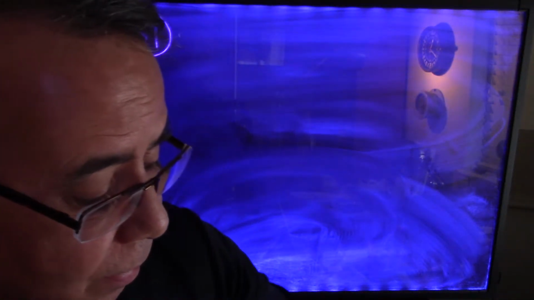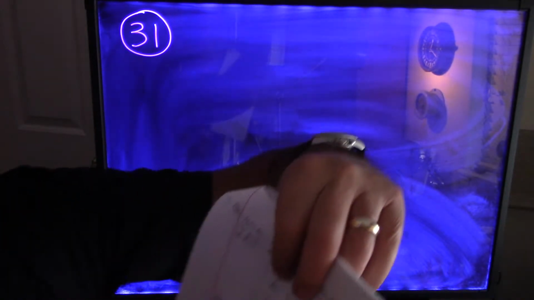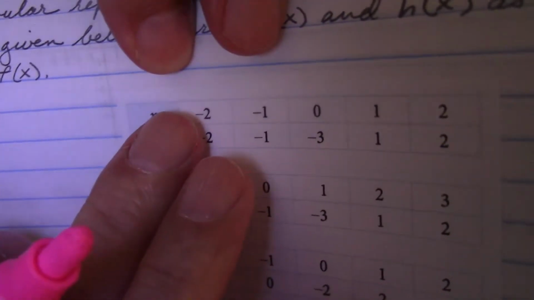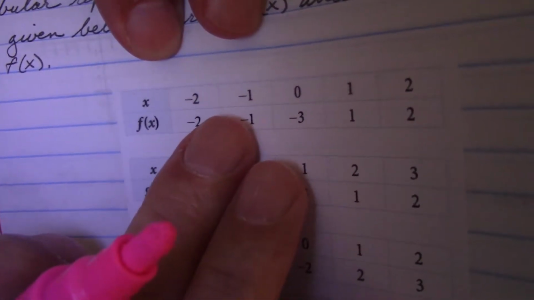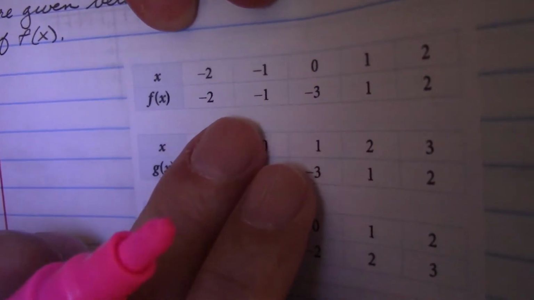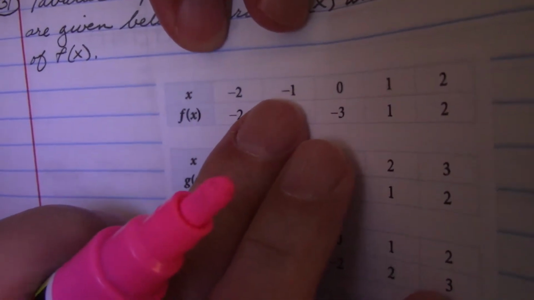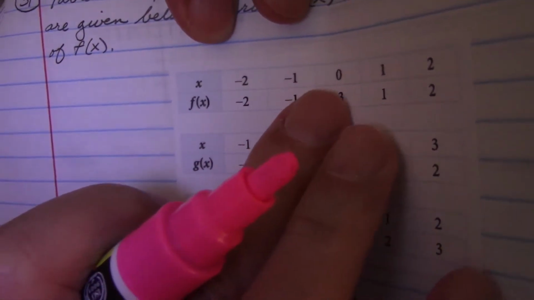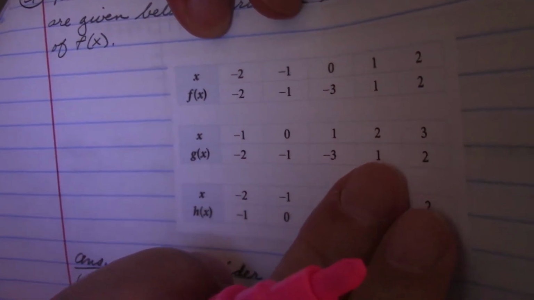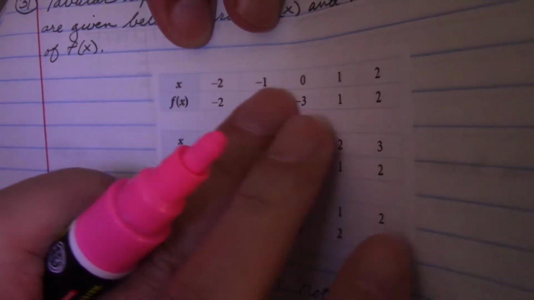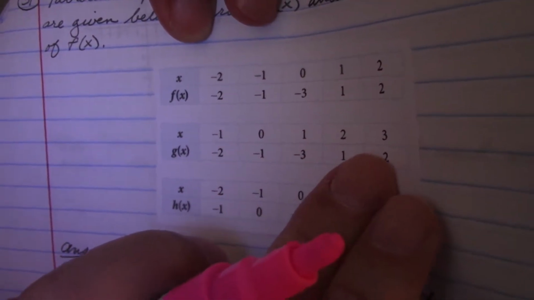Okay, so if you add, in other words, if you add 1 unit to each of these x values here, the inputs, add 1 to -2, you get -1, and so on. You just add 1 to each of these inputs. Alright, you've got the same y values, but they belong to different inputs that have been shifted.